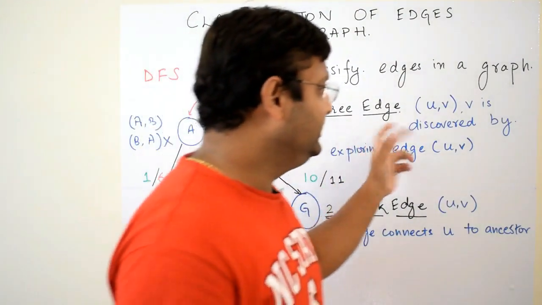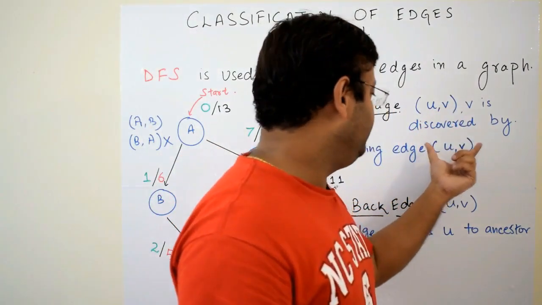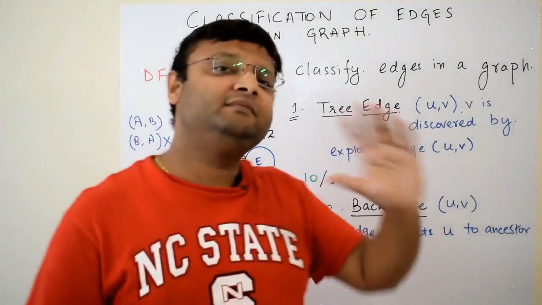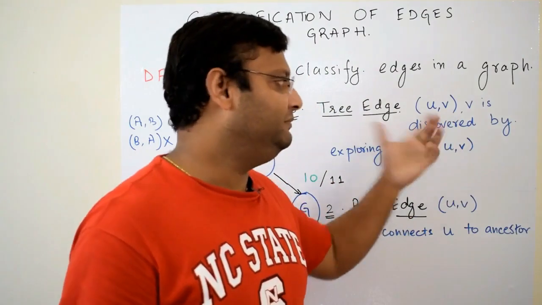And what is a tree edge? If V is discovered by exploring edge U comma V. So what does it mean? Let's take an example, it will be more clear.